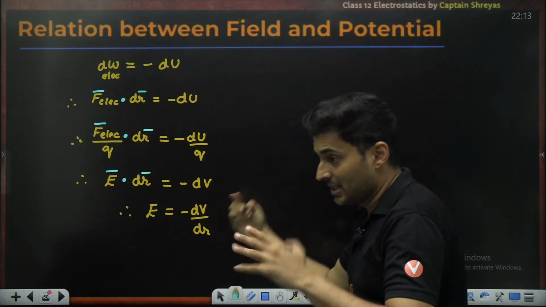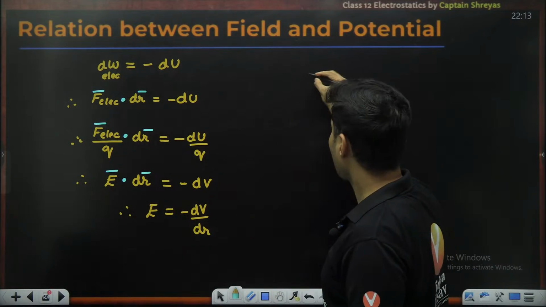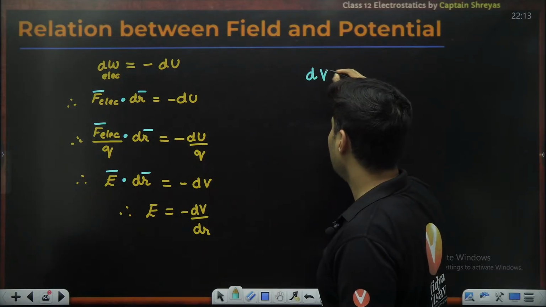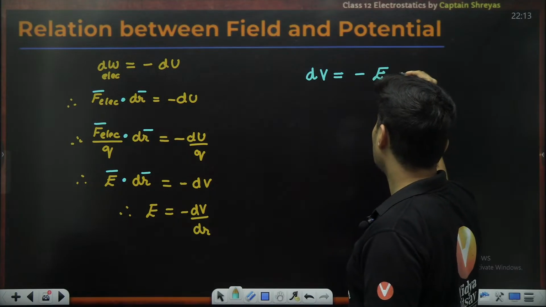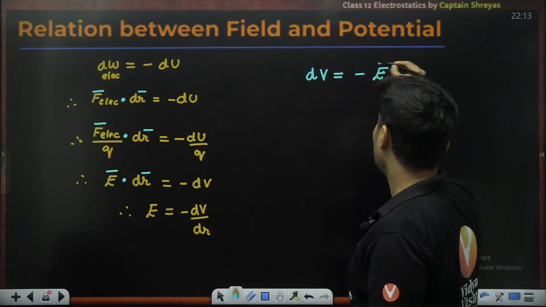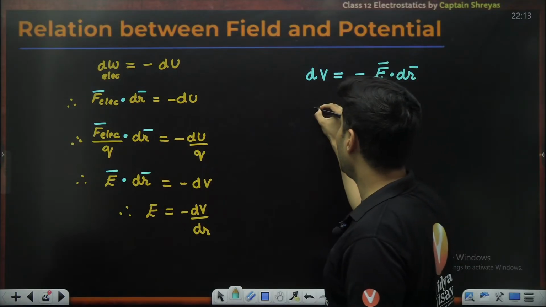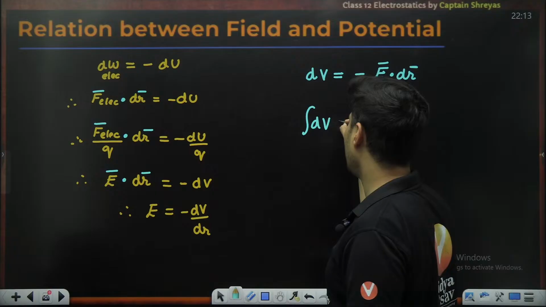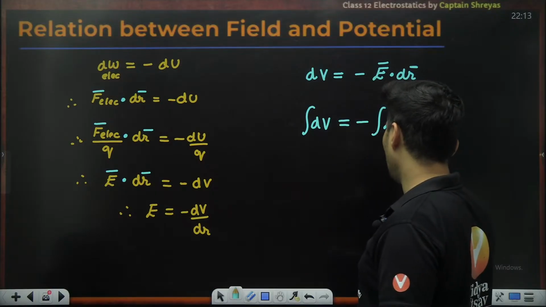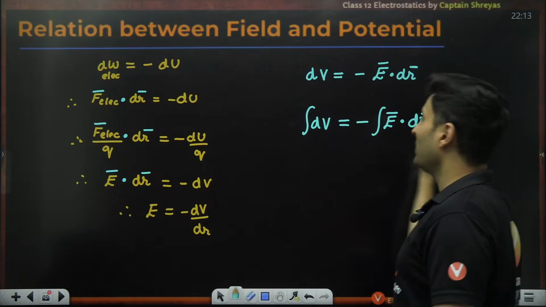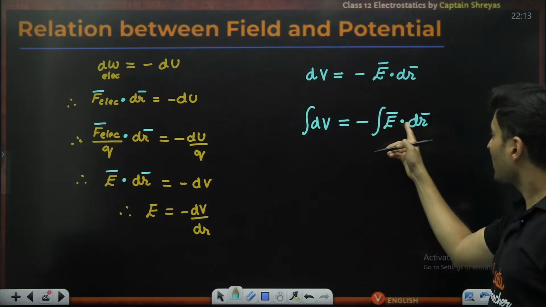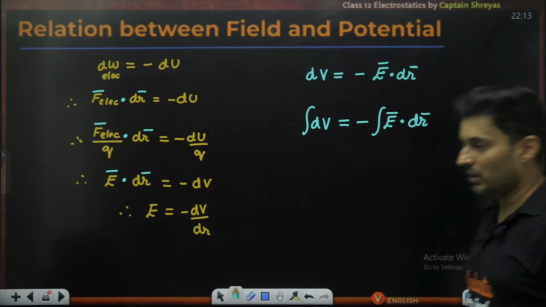So if I integrate it, dV will be negative of E dot dr. Integrating, the integral of dV will be the negative integral of E dot product with dr. So when you integrate, be careful, there is a dot product.